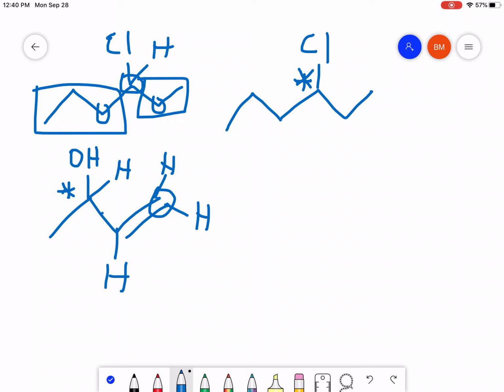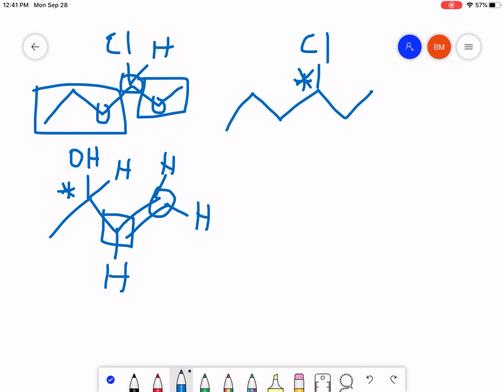What about this guy? Well, let's see. What does this have attached to it? It's got an H. On the left, it's got a 2-carbon unit with an alcohol group. And on the right, it's got a CH2 that's double bonded to it. So all the groups that are attached to that carbon are definitely different from each other. But how many are there?